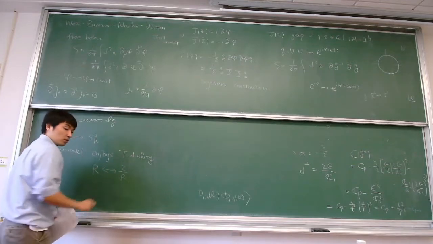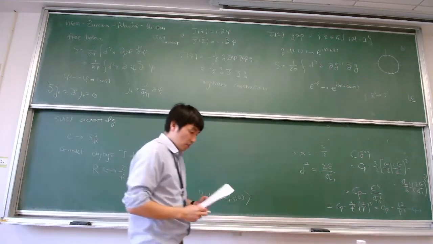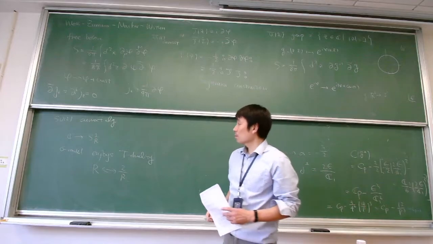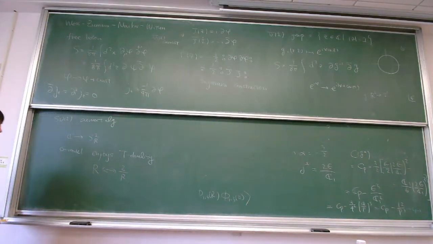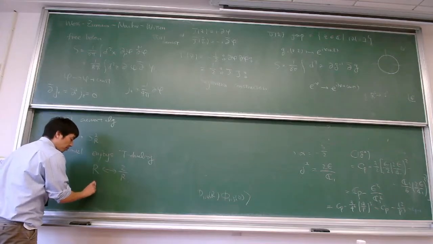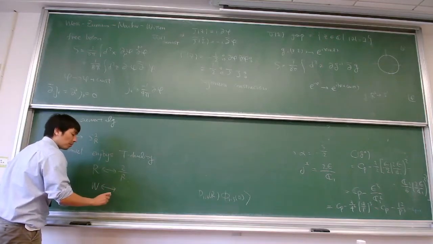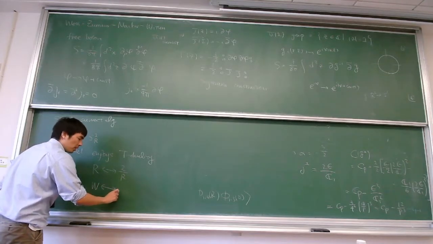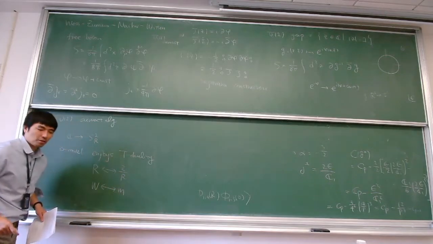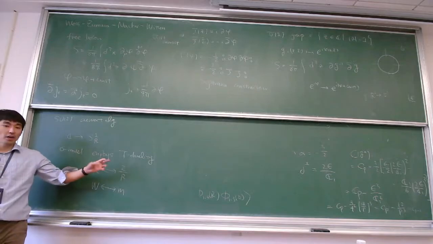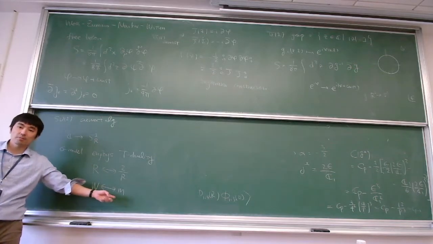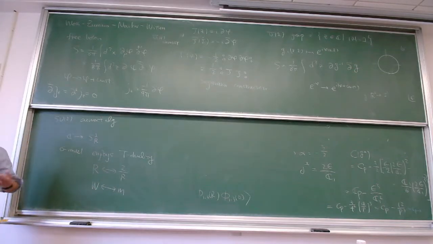That we already saw in the previous lecture, especially the winding mode and the momentum. I call it M or N, I already forgot. We know that under the T duality, winding and momentum will be exchanged.